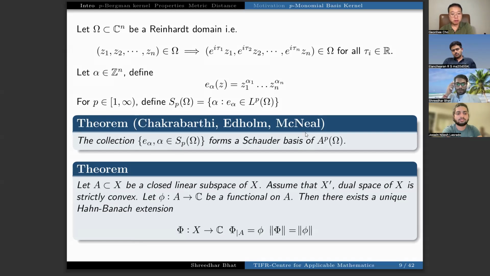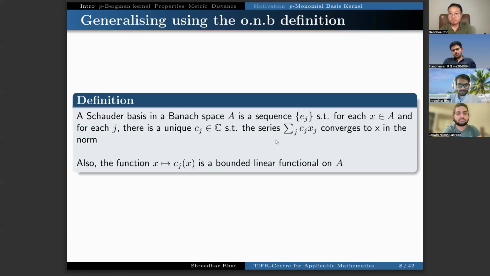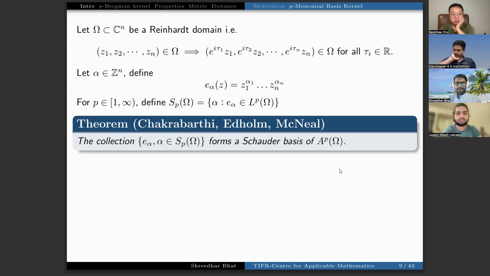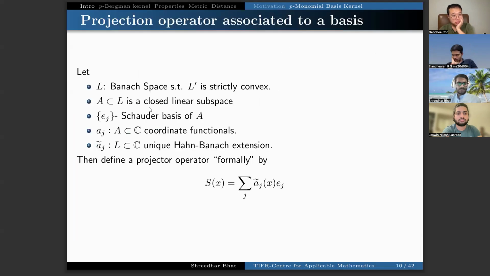Earlier I told you that if you have a Schauder basis, then the functional x mapping to c_j of x should be a bounded linear functional on A. So the idea here is, you start with an L, which is a Banach space, such that the dual of L is strictly convex.